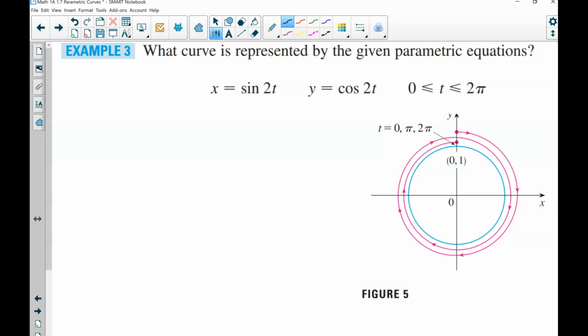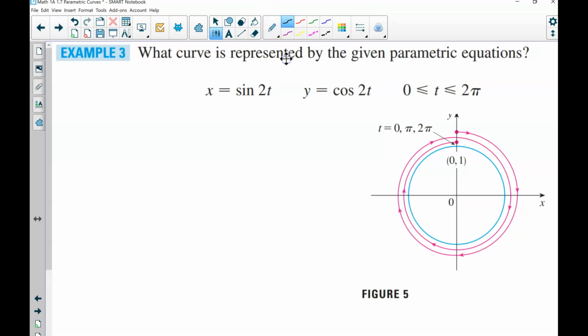Now let's take a look at another example. In this case, we have a curve that is represented by the given parametric equations, and we want to know what that is. Again, we have the same restriction, it goes from 0 to 2 pi. But now in our parametric equations, t is being multiplied by a factor of 2.